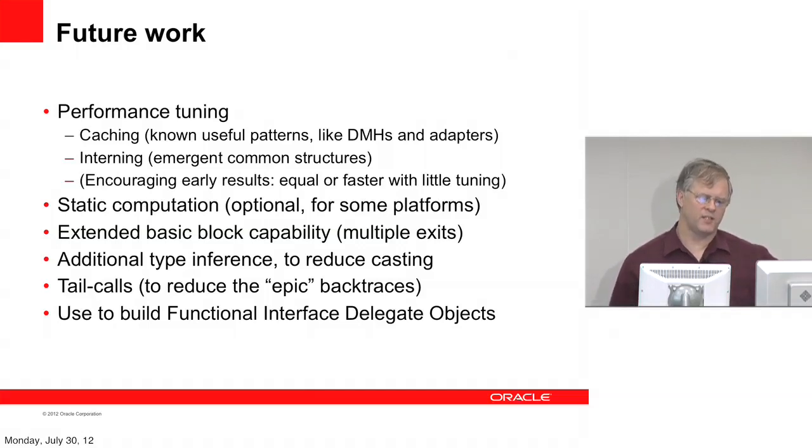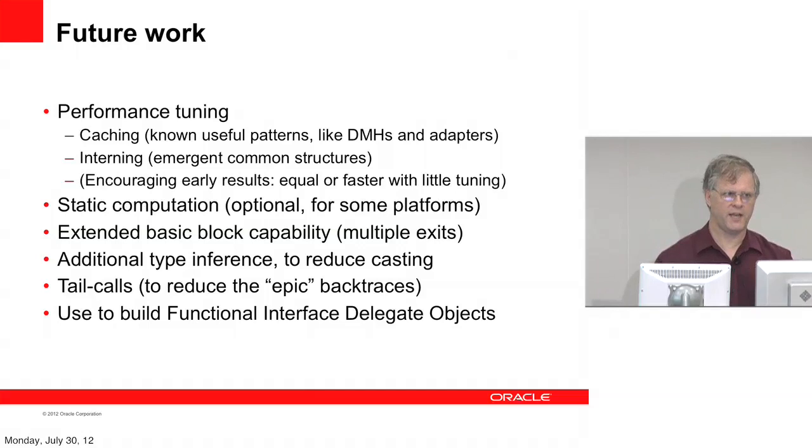There are various techniques we're thinking about, and it's very nice because a lot of these techniques are completely decoupled from the JVM. It's what you cache and what you record in the JDK, the low-level JDK code that spins Lambda forms. We think that with some additional work, we would be able to, for platforms that require it, statically compute a sort of basis set of Lambda forms.